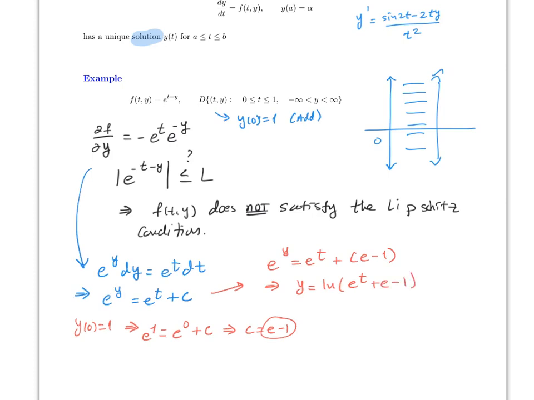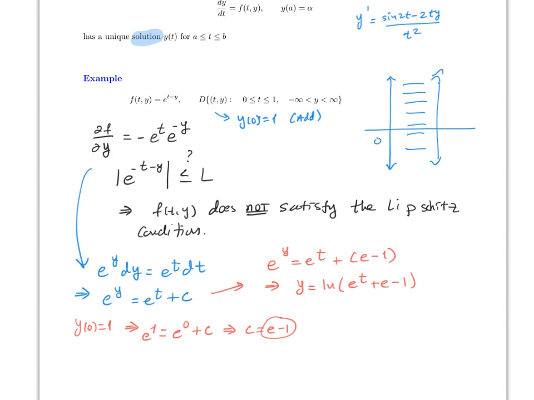So you can see that this differential equation, or this initial value problem, has a solution even though it didn't satisfy the Lipschitz condition. So you can see that it's not an if and only if case. You still can have a unique solution even if the function doesn't satisfy the Lipschitz condition.